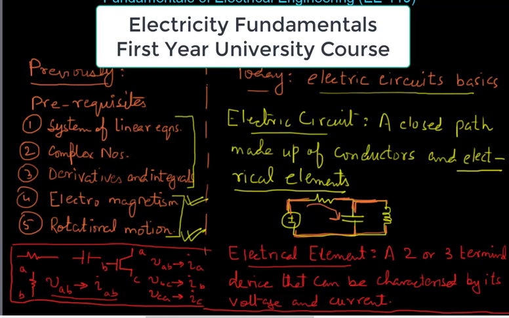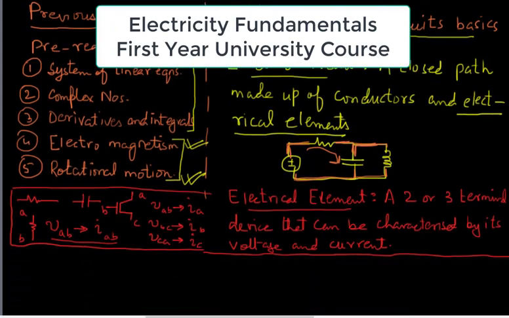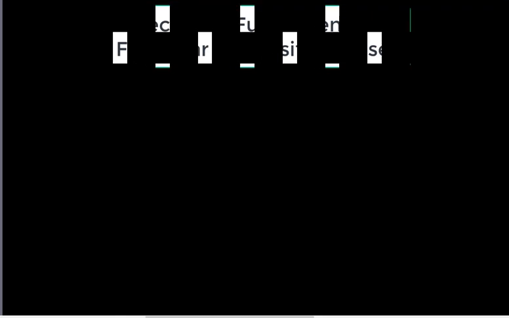It can be two terminals, so then it would only have one voltage and one current. That's the easier of the two cases. And you can have three terminal devices where you need three equations that can completely characterize the device. If you cannot characterize any element, then it's not going to be considered an electrical element. You need to first get its equation. So with this, we have covered electrical elements.